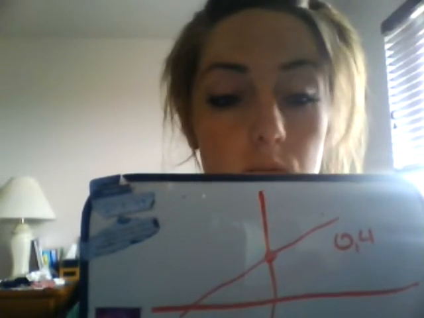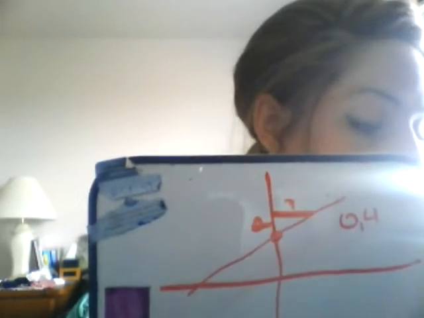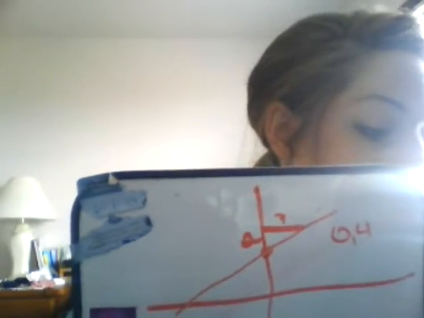So you have no run, which is 0, and your rise is 4. And then you are told that the slope of that line is 2 over 3. So you have a triangle right there that equals 2 over 3.